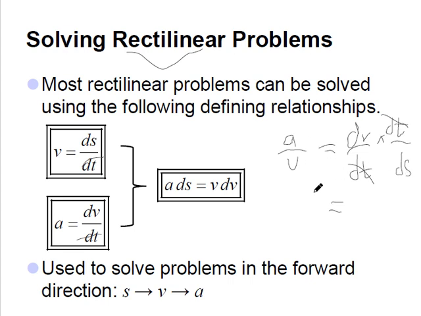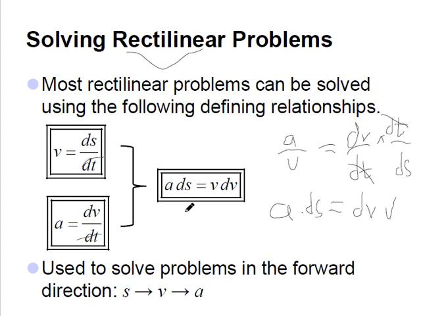That's your algebra. Then you put this to there, so you get acceleration times ds is equal to velocity times dv. That's how we got this relationship, which we call the relationship between acceleration, velocity, and position.